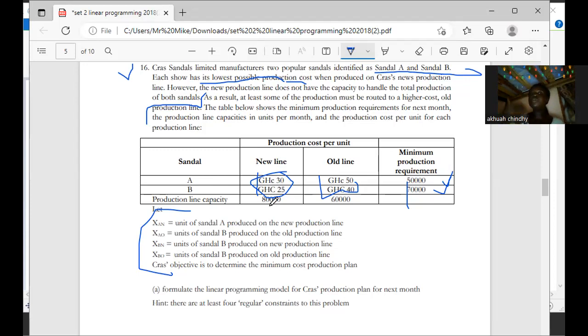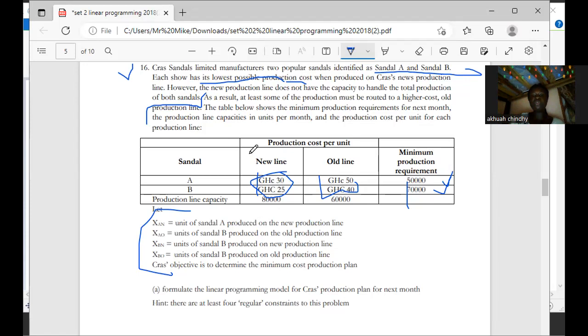They are saying that the new line doesn't have the capacity to produce everything that we need. So you realize that the minimum requirement is 50,000 for A or more, 70,000 for B or more. So in total it is 120,000, but the new line can only produce 80,000. You get it? That's why they had to shift to the old line.